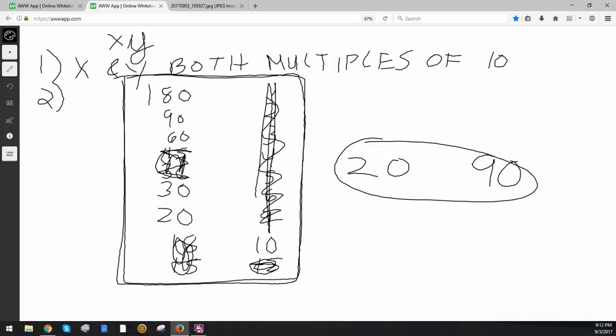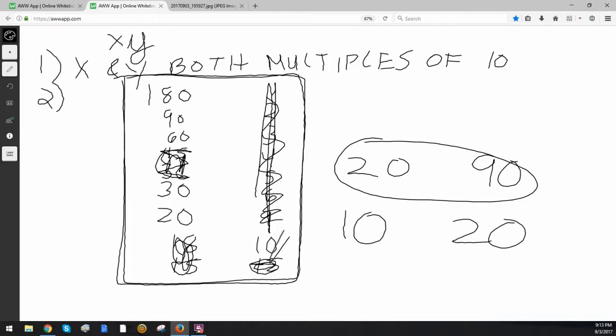For one thing, it's not going to be 10 and anything, because the least common multiple of 10 and any of the numbers that are left in the box is just that number. The least common multiple of 10 and 20 is 20. The least common multiple of 10 and 30 is 30. The least common multiple of 10 and 60 is 60.